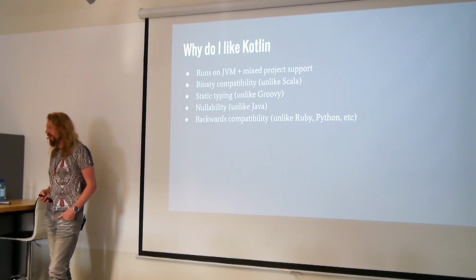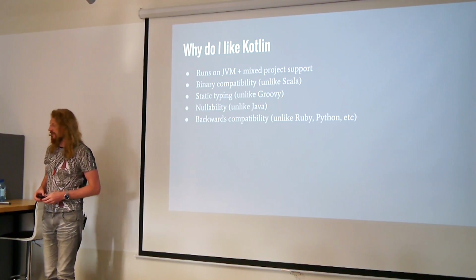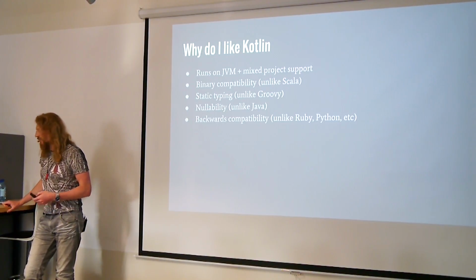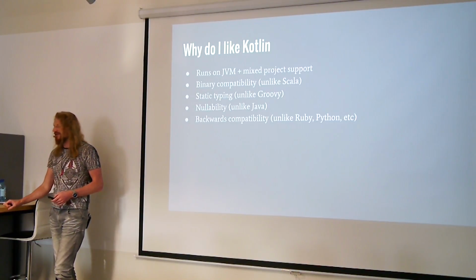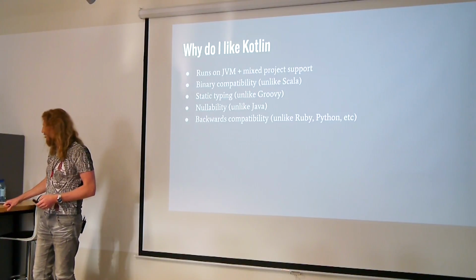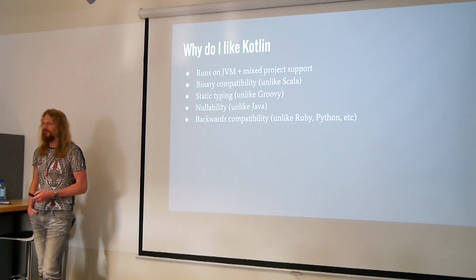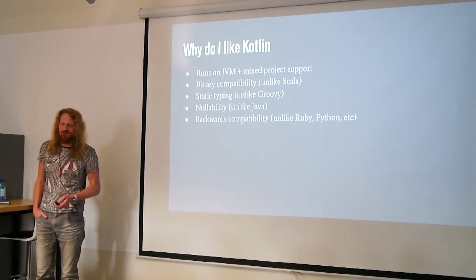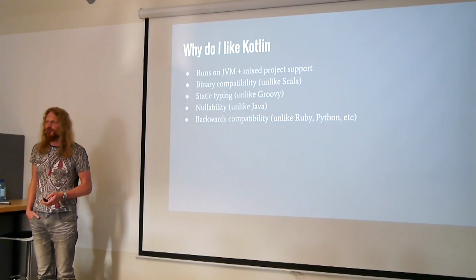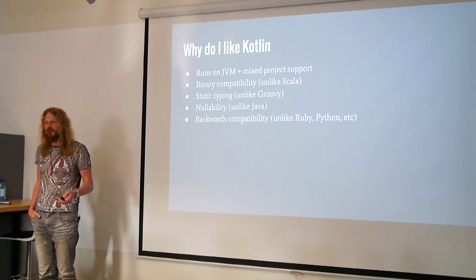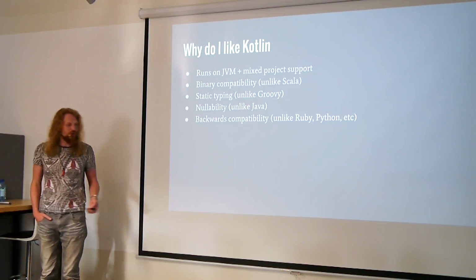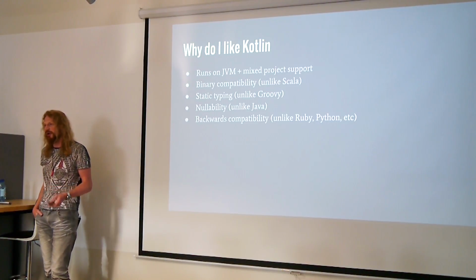So backwards compatibility is believed to be retained. This is unlike if you're writing in Ruby, Python, or any other language besides Java, I would say: you will always be stuck with a big problem that upgrading the compiler makes your code not work or not compile.